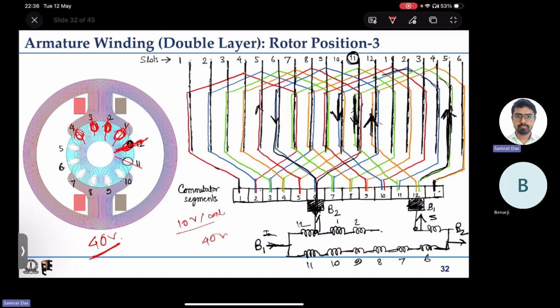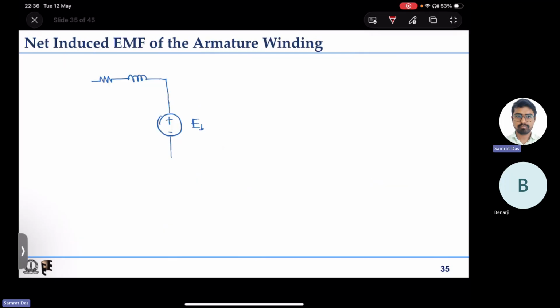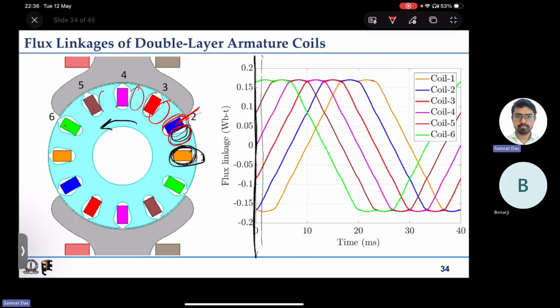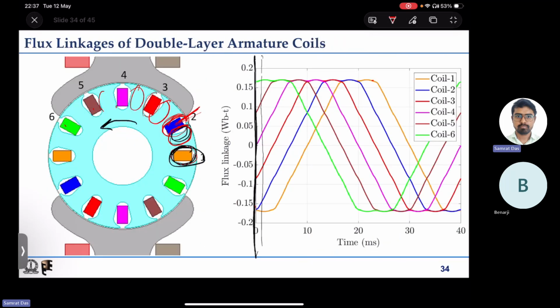But an easier way to look at that is, let us look at this only. If a coil is under the stator pole, its flux linkage will start increasing. You see 2 is starting to increase here.